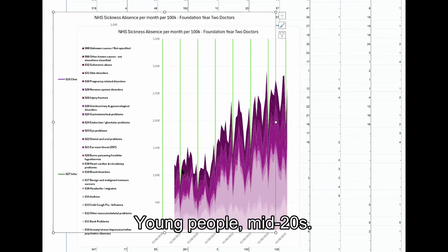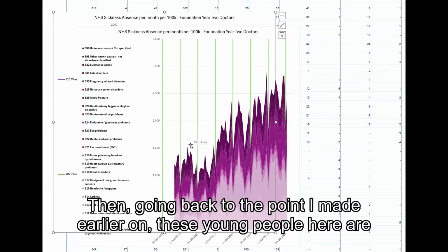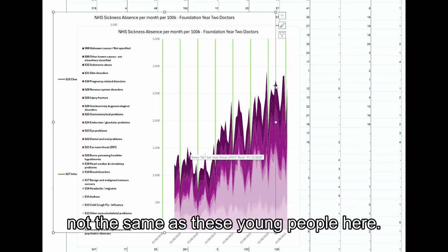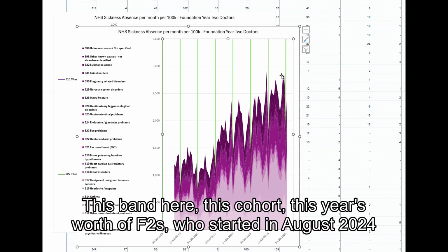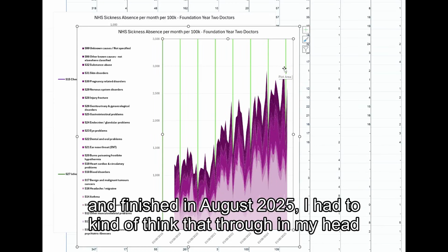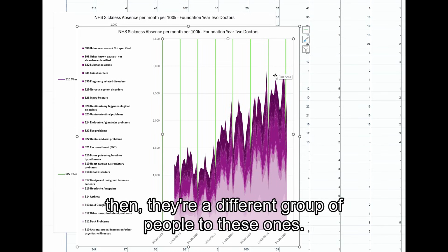Young people, mid-20s. But again, going back to the point I made earlier on, these young people here are not the same as these young people here. This band here, this cohort, this year's worth of F2s, who started in August 2024 and finished in August 2025, I had to think that through in my head then. They're a different group of people, these ones.